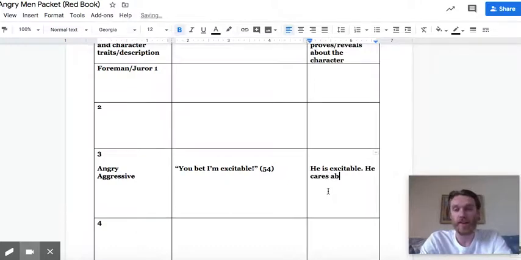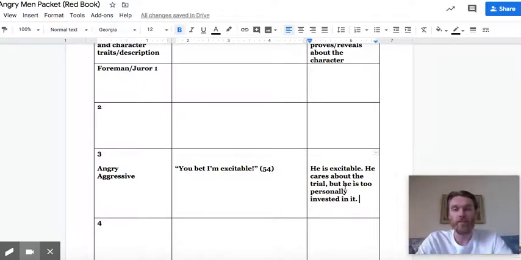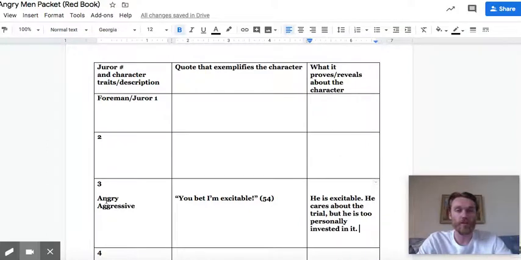He cares about the trial, as we'll see, but he's too personally invested in it, and we'll have to explore why that is. Please be aware that I don't want you to just say he's angry here and then have a quote that shows they're angry and then write again he's angry. Go deeper on this side here.